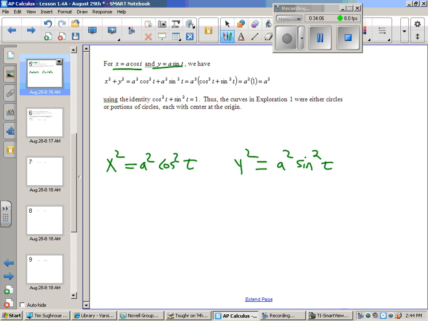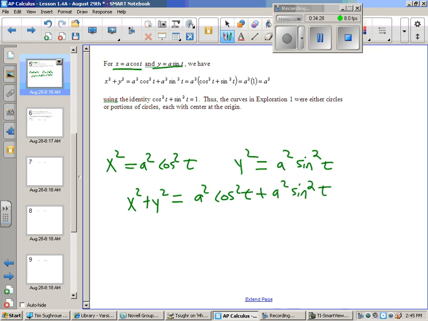And the key is, what we know is that when we add sine squared and cosine squared, we get 1. That is a trig identity that we have to have memorized. So if we add x squared plus y squared together, we get a squared cosine squared of t plus a squared sine squared of t.